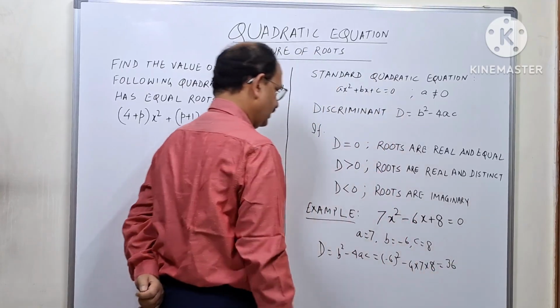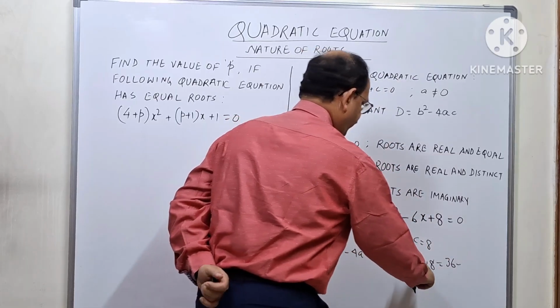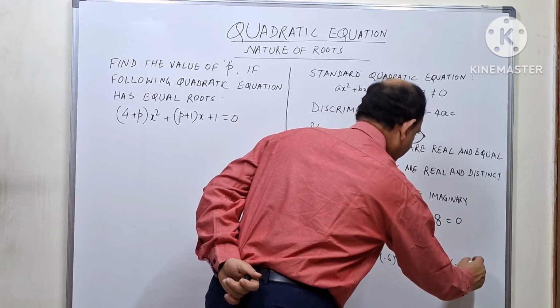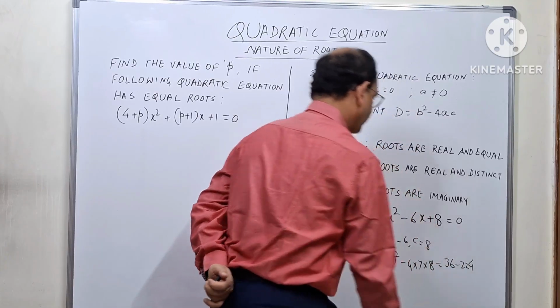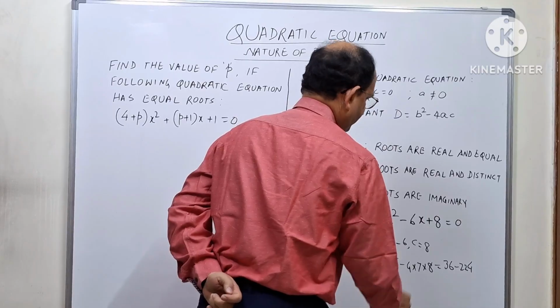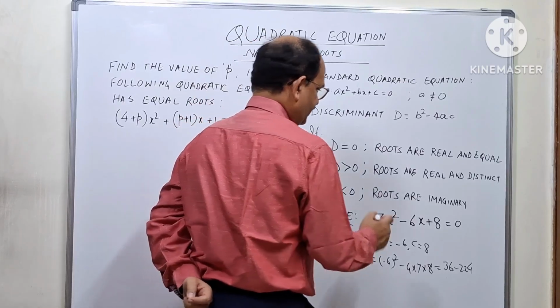36 minus 32 into 7, that will be 224. Yes, that will be 224.